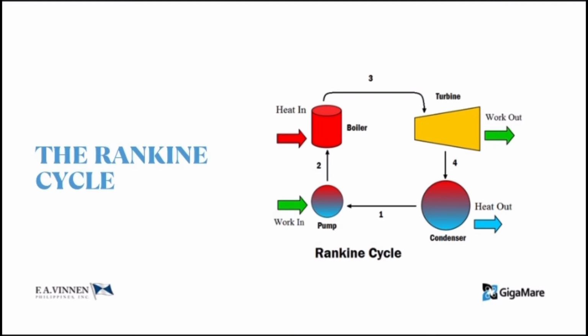So for a turbo generator, the thermal energy coming from the superheated steam of the boiler drives the turbine blades, and the output from the shaft gives electricity or work.